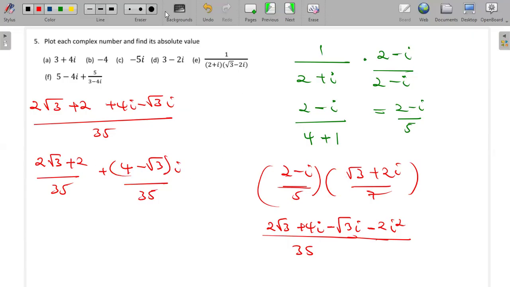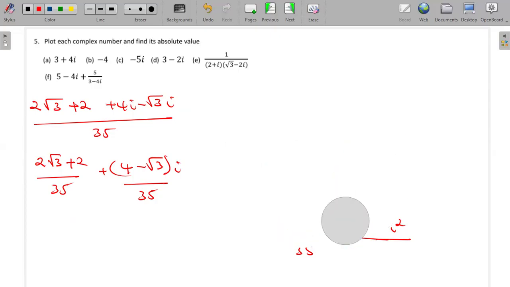You've written it now in standard form. Now you can graph this.